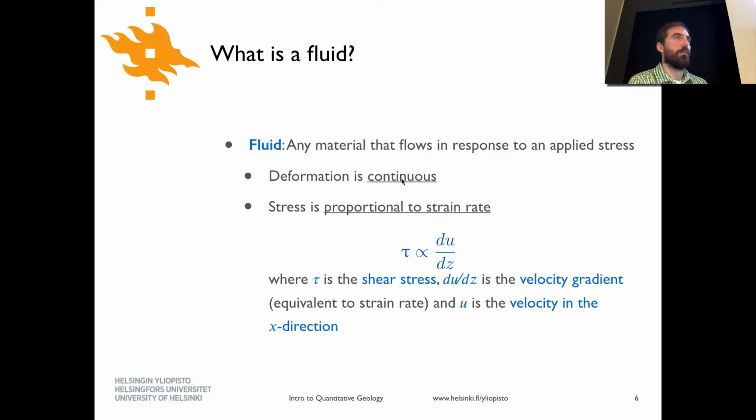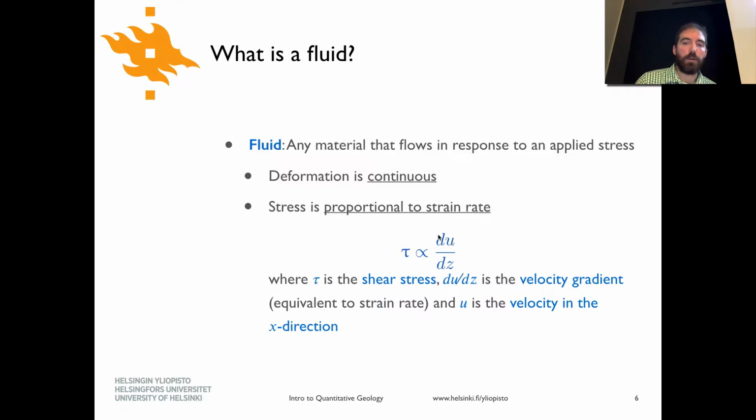It's not like it breaks into little places that split into faults or something like that. And in terms of a mathematical definition, we can say that the stress you apply is proportional to the strain rate. If you're not that comfortable with stresses and strain rates, stress is basically a force, a push or a pull on the material, and the strain rate is how quickly it deforms.